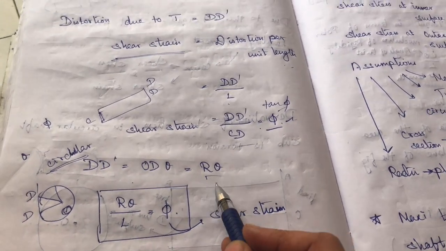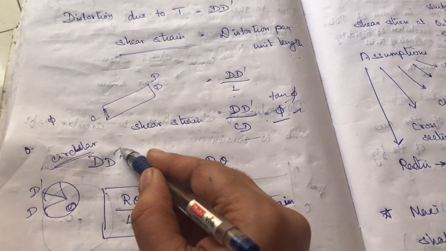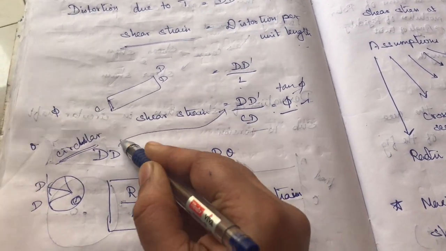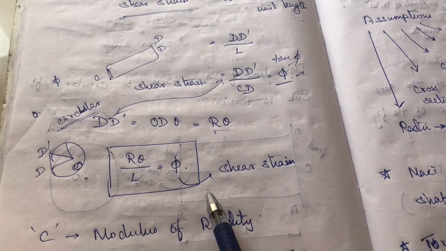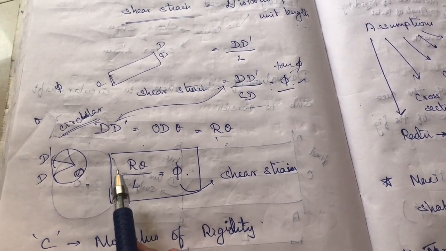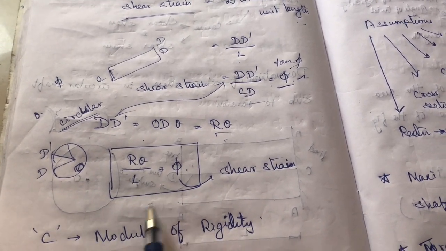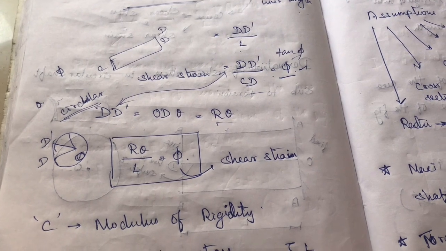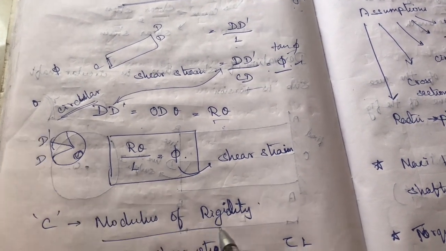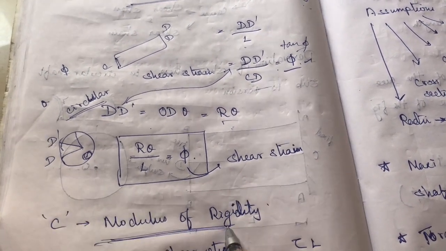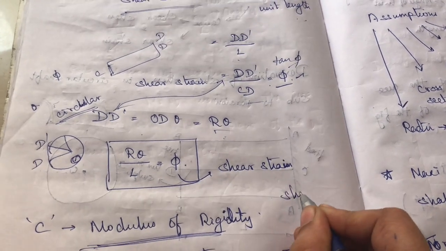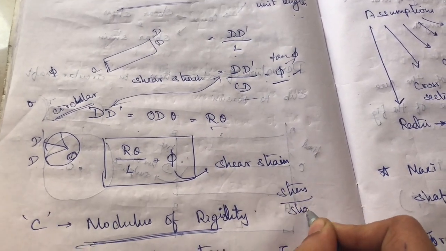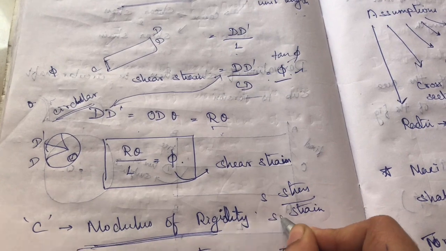So from this thing, we can easily equate this DD'. By equating, you will get phi equal to R theta by L. Here we are including the modulus of rigidity, which is shear stress by shear strain.